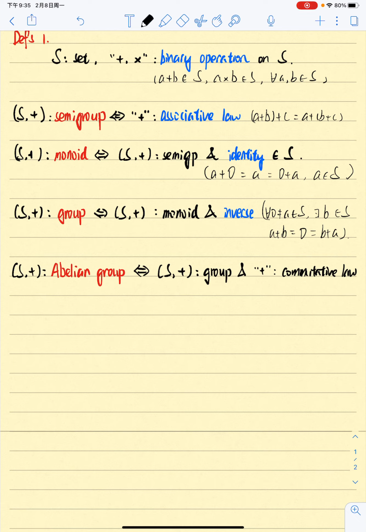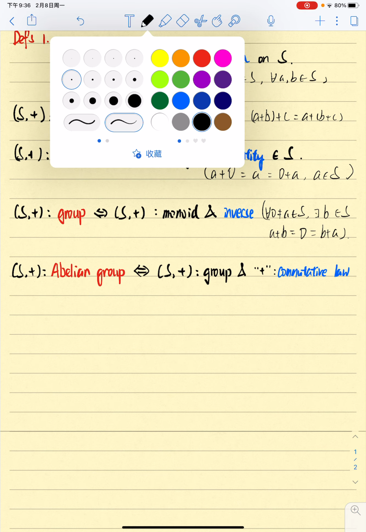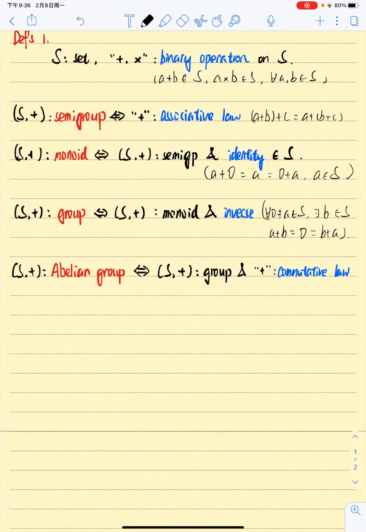The commutative law is like A plus B is equal to B plus A for every element A, B in S. This is the commutative law.